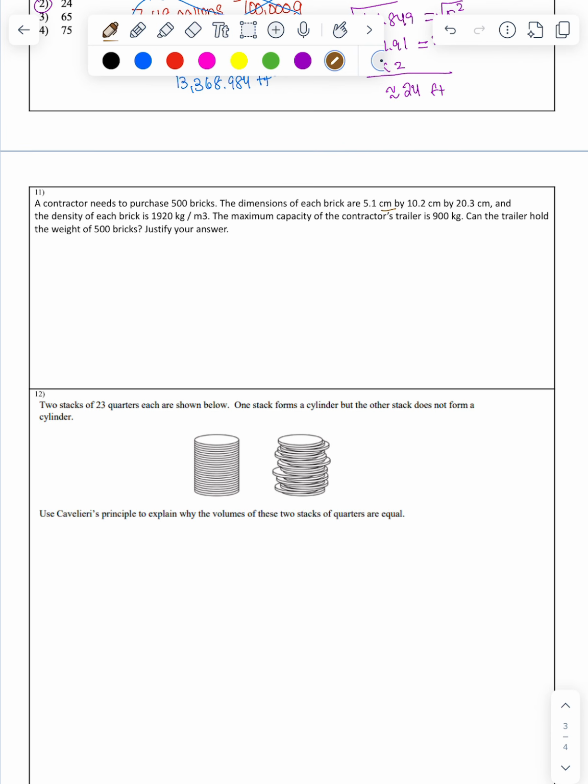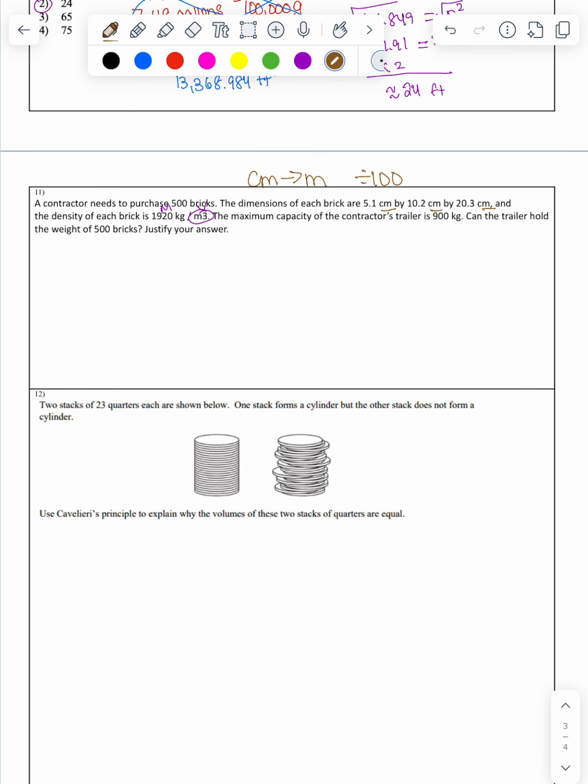And we're told the dimensions of the brick in centimeters, but the density for the volume unit uses meters. So if I find the volume right now with the dimensions they give me, that's going to be in cubic centimeters, but my volume unit is in cubic meters, so I need to actually make sure my volume is in meters cubed. So the conversion from centimeters to meters is to divide by 100.